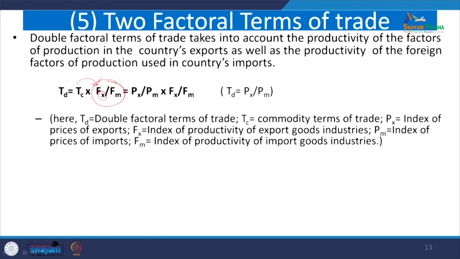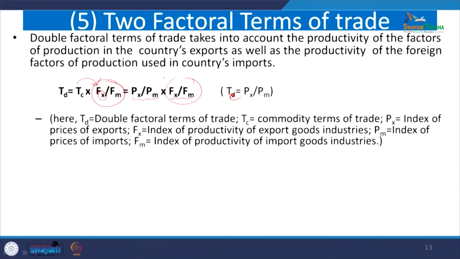This is the component TC, TC times the ratio of the factors of import as well as the factors of exports. So double factoral terms of trade takes into account the productivity of factors of production in the country's exports as well as the productivity of the foreign factors of production used in the country's imports.